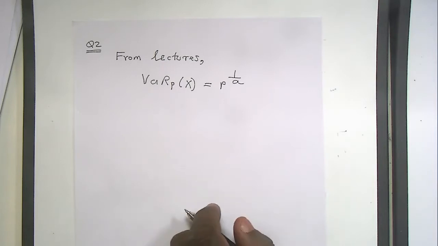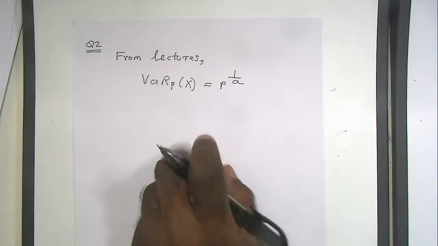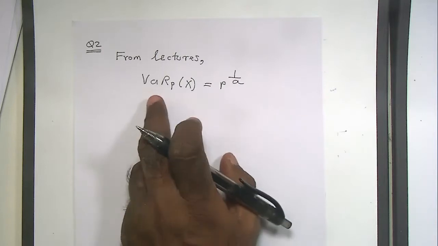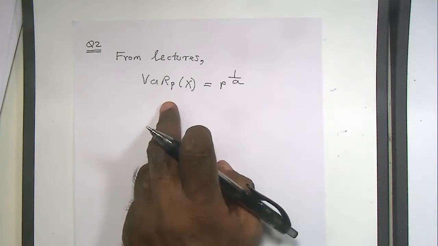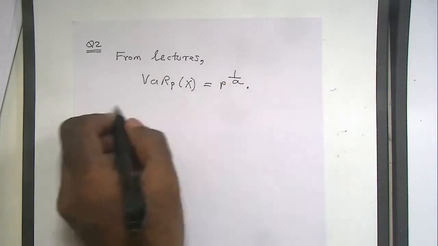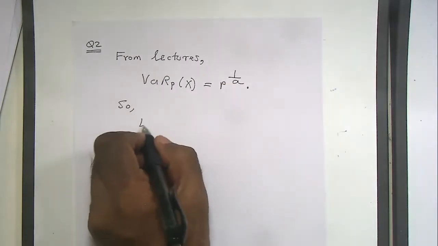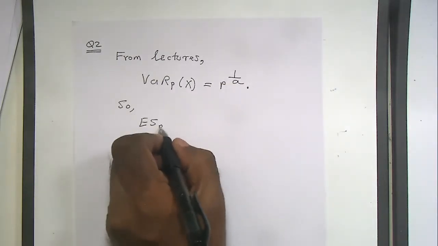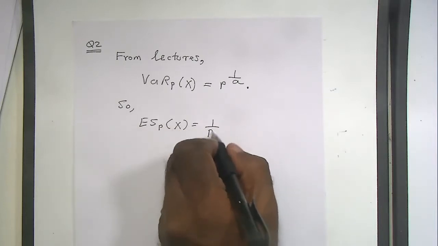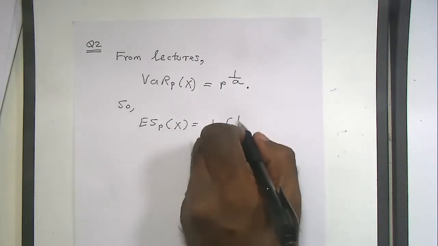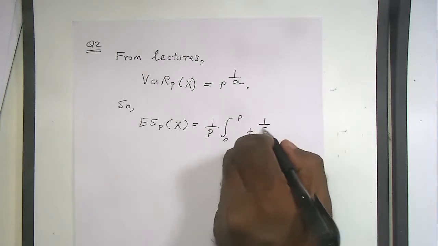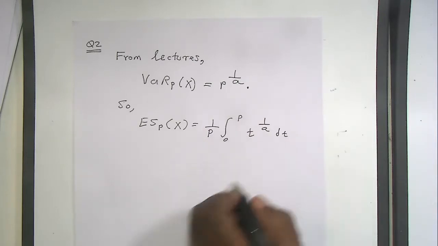Guys, from the lectures we know that we covered this distribution number 2, the power function distribution, and we computed the VaR to be equal to this, right? So the expected shortfall will be this, right?